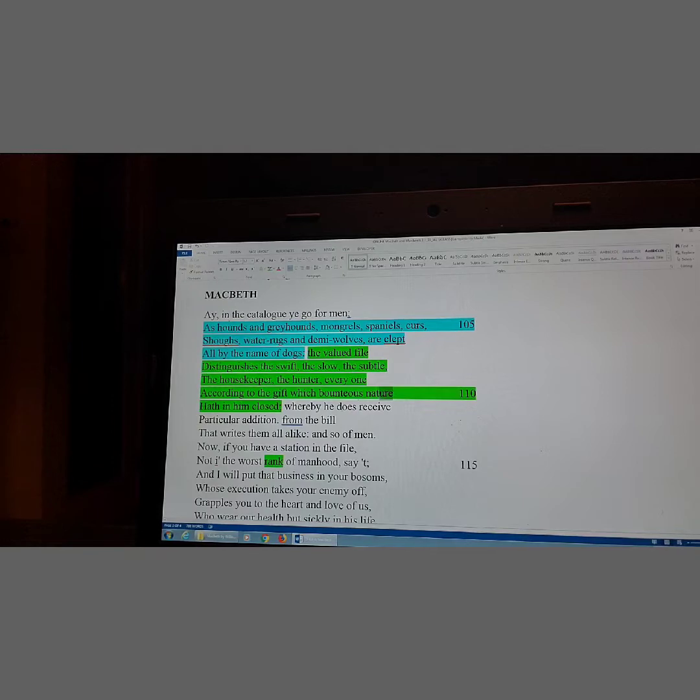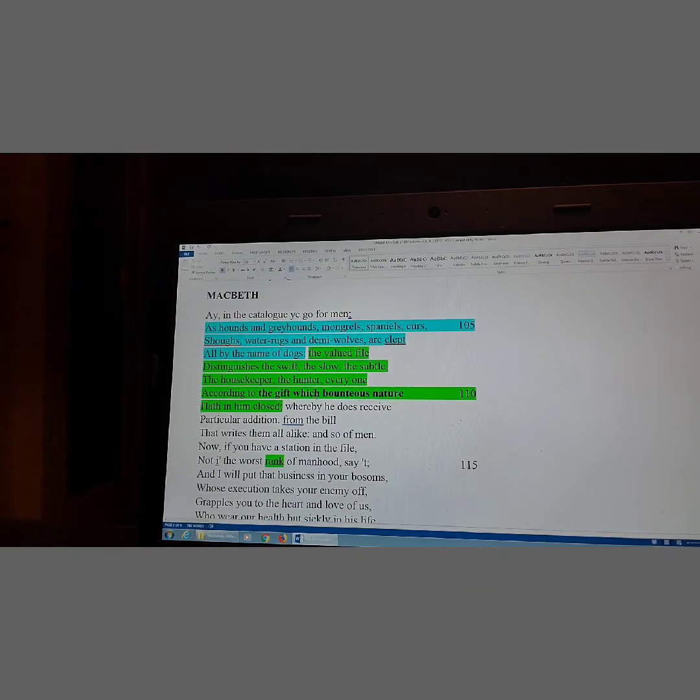Actually, nature is lowercase here, but the way that he's using it, it could be uppercase. It could be personified. It could be like, nature is actually doing something. There's something that nature intends, right?